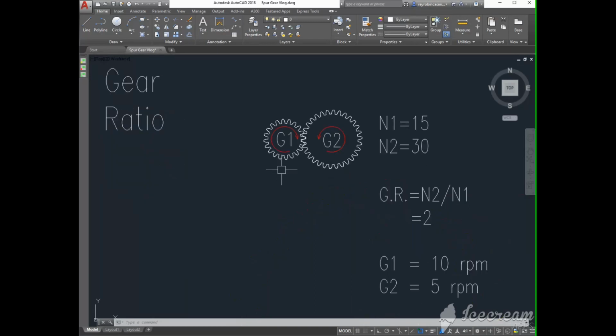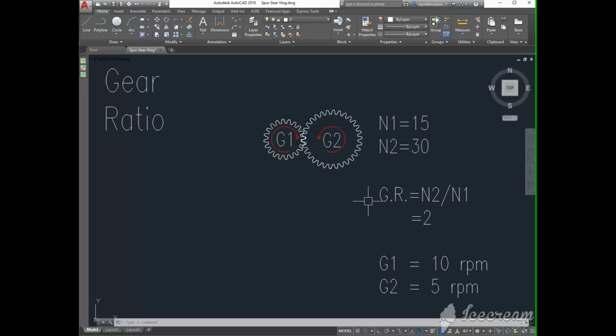Here, the pinion or G1 of the gear train has N of 15, or the number of teeth is 15, while the driven gear G2 has 30, or double the quantity of G1.